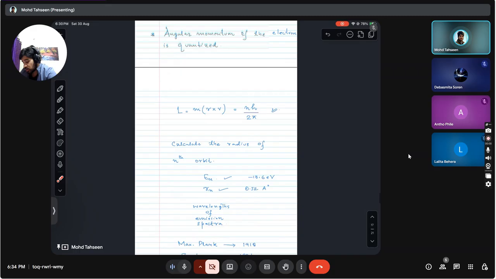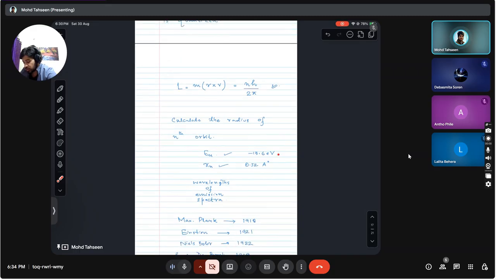Using this quantization, he could figure out what the energy levels are, why the energy levels are discrete, what their exact values are, and what the radii are corresponding to different orbits. So as you move away from the nucleus, the energy also increases, and this is the ground state energy.